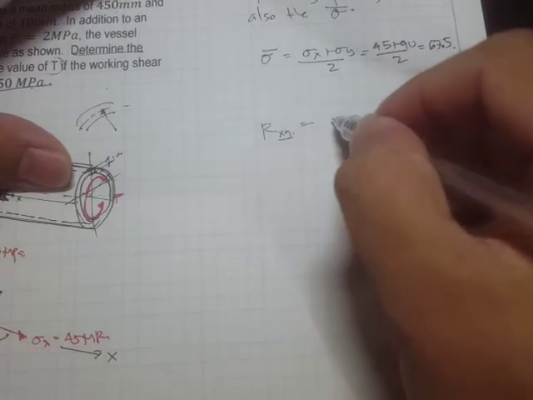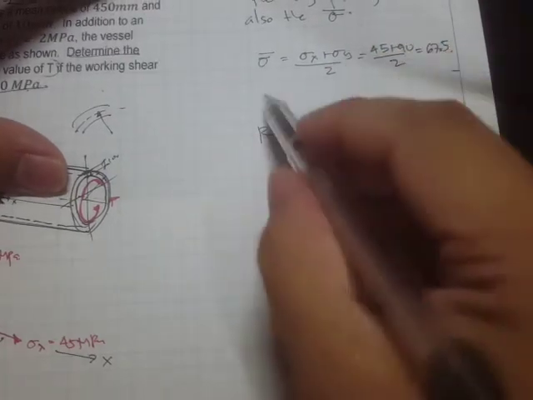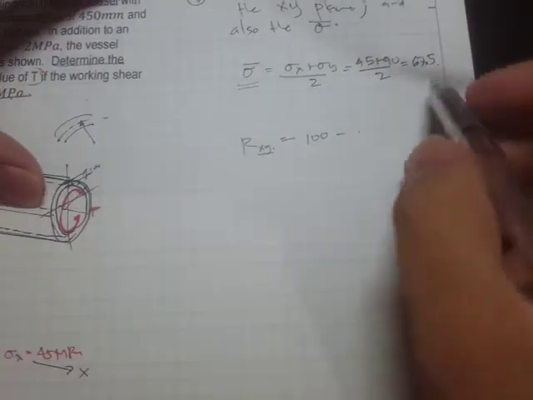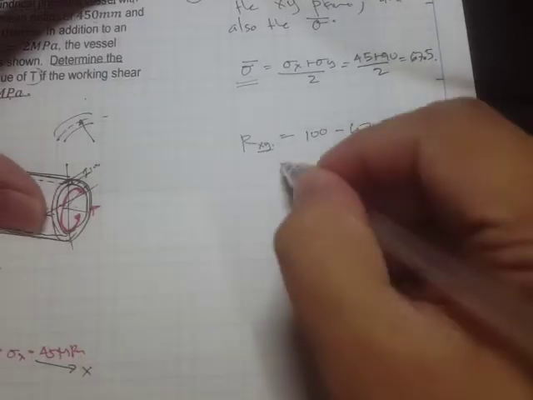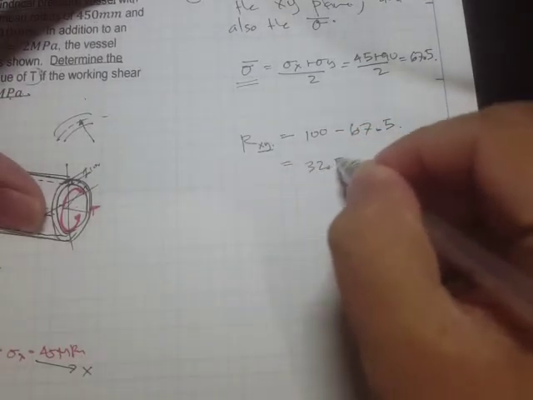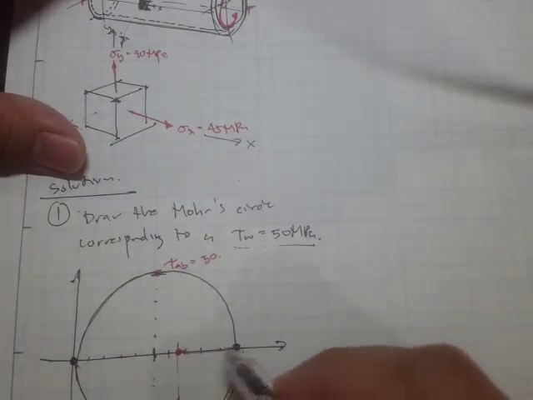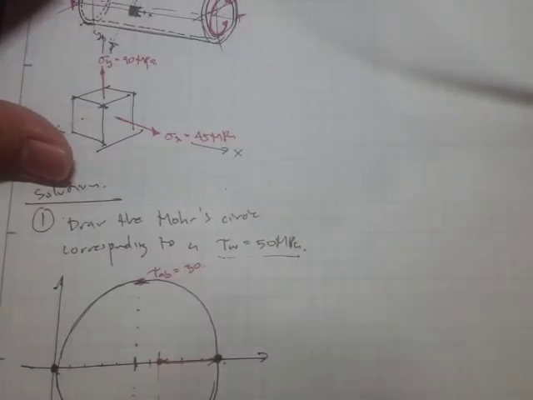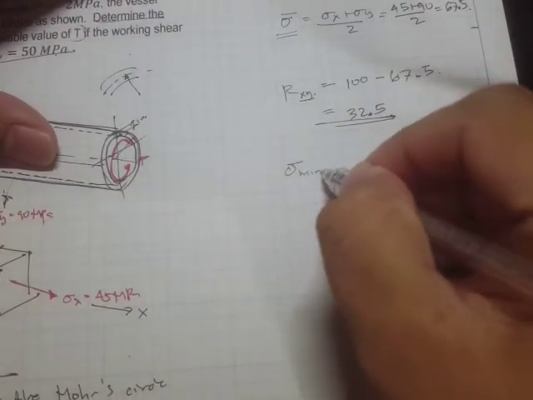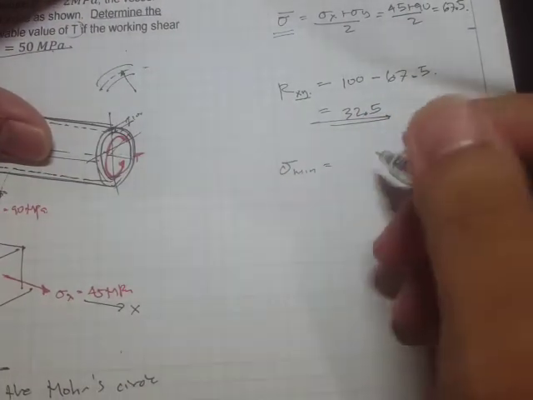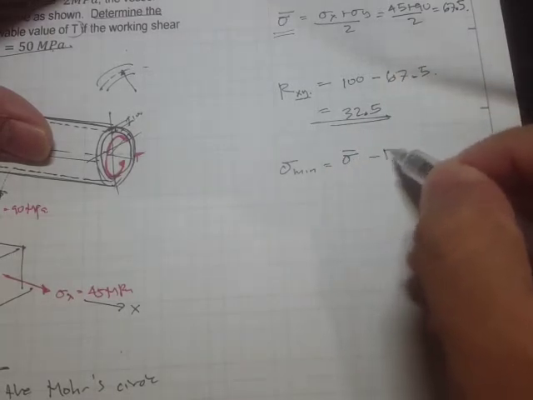Okay, so the radius for the xy plane is 100 minus the value of this average stress. This is 67.5, and we get a value of 32.5. Okay, we can now solve for the minimum. Now for the minimum, we have simply the average minus r.